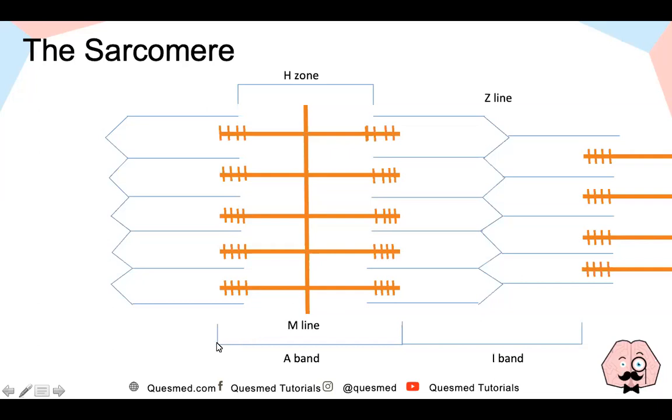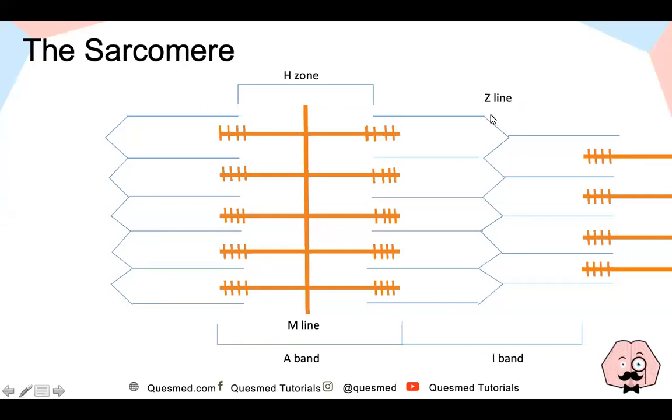We have our A band, which is the portion of the sarcomere which has the thick filaments in it. We have our I band, which is the portion which has only thin filaments in it. Our H zone is the zone which has only thick filaments in it, so the portion where there's overlap is not included in the H zone.